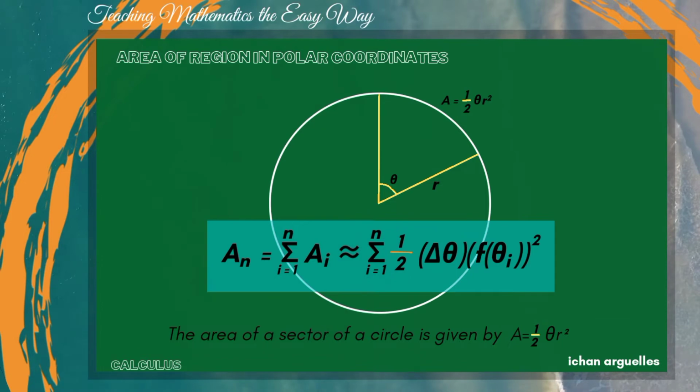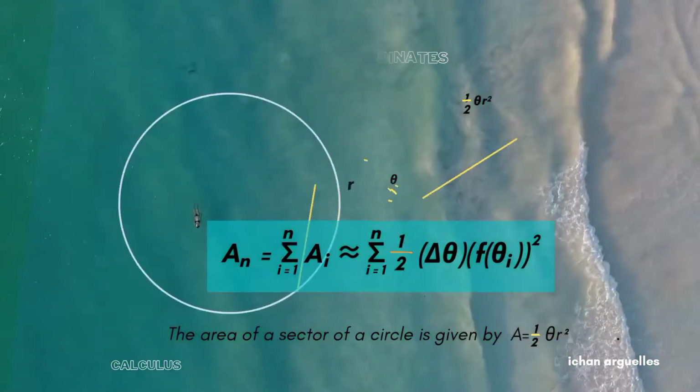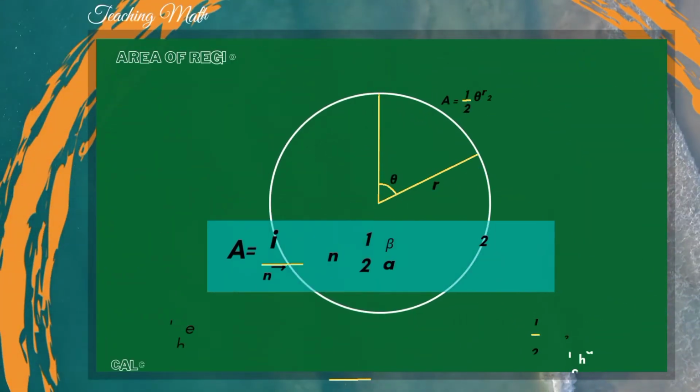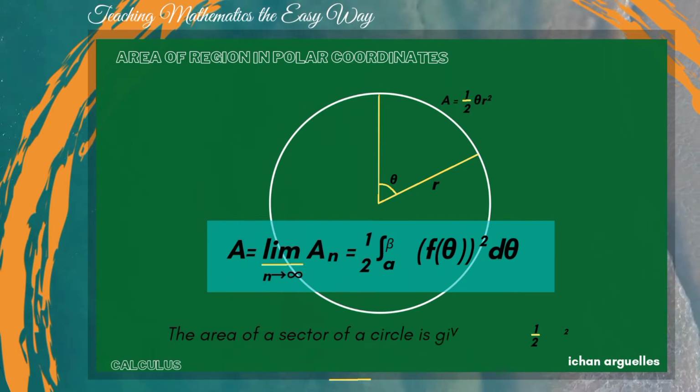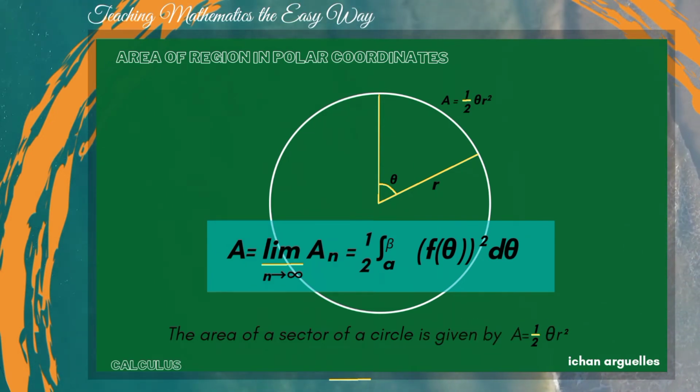The fraction of the circle is given by theta over 2 pi. So, the area of the sector is this fraction multiplied by the total area. And so after using the Riemann sum that approximates the area, we take the limit as n approaches infinity to get the exact area.